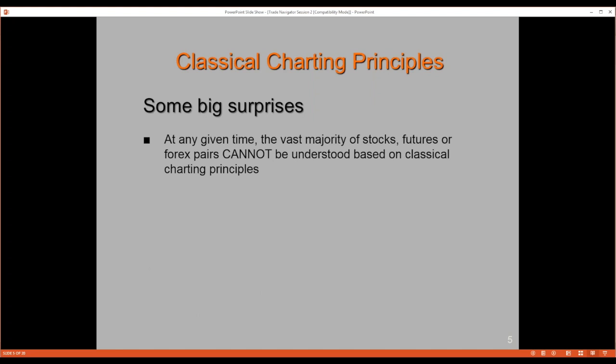At any given time, the vast majority of stocks, futures, or forex pairs cannot be understood based on classical charting principles. Again, I touched on this already. But you can't sit and study a chart, and if you just study it hard enough, whatever your stick is, whether it's Elliott wave, classical charting, Gann, whatever it is, figure out what a market's doing.